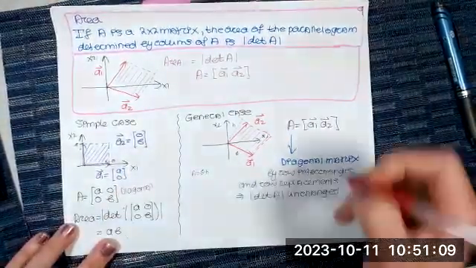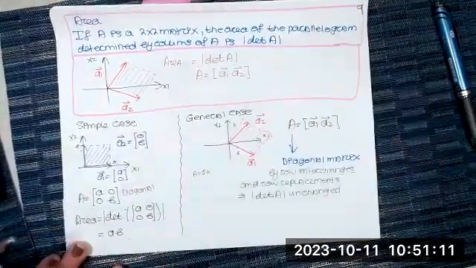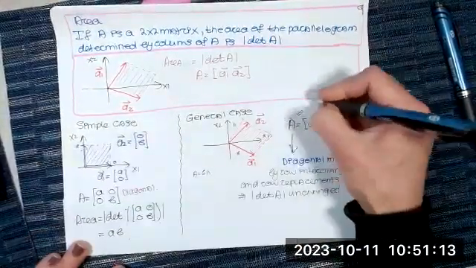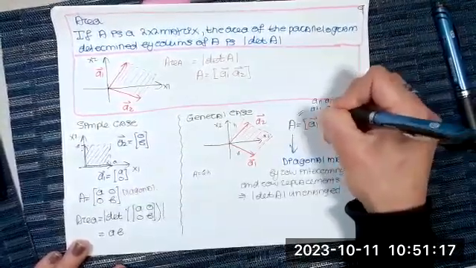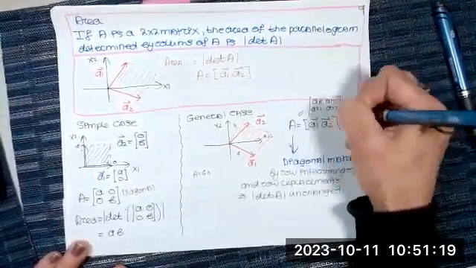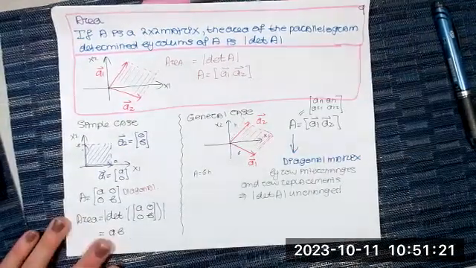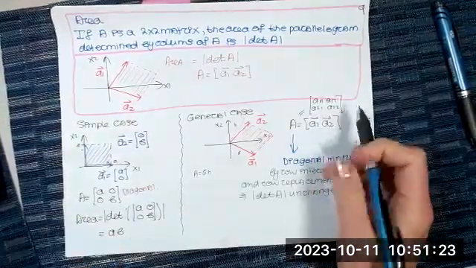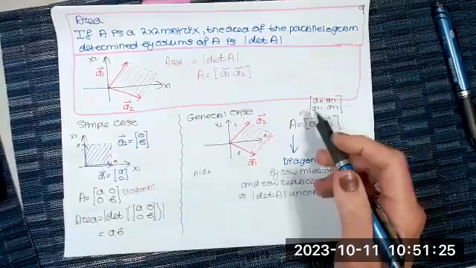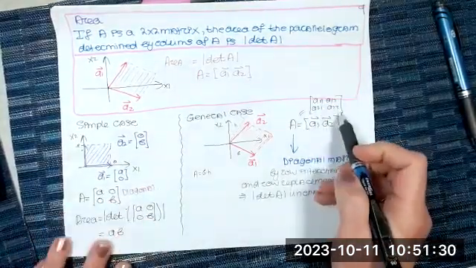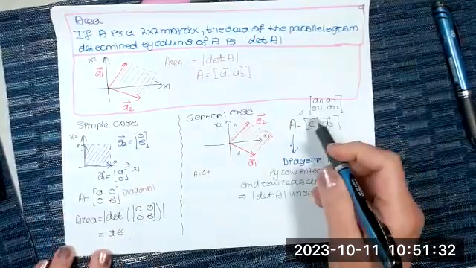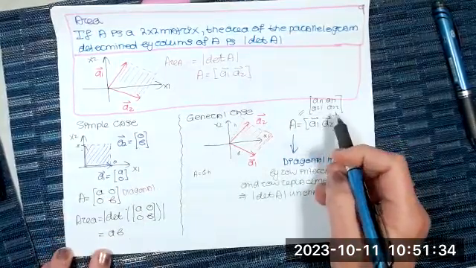For the general case, my matrix A is probably not diagonal. So I will have some components, A11, A12, A21, A22. But when we were doing our elementary row operations, remember, I can do elementary row operations on this to try and convert it to row echelon form or reduced row echelon form.